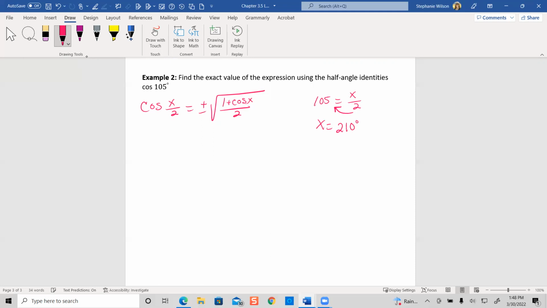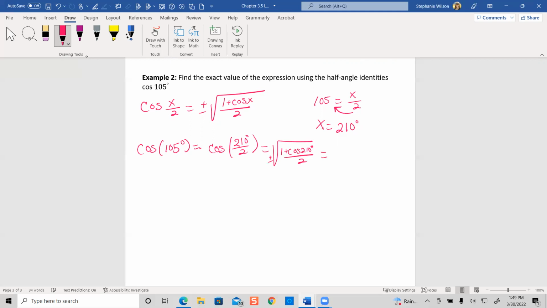Now that I know that, let's clean this up. Cosine of 105 degrees is equal to cosine of 210 degrees divided by 2, which is equal to plus or minus the square root of 1 plus the cosine of 210 degrees over 2.